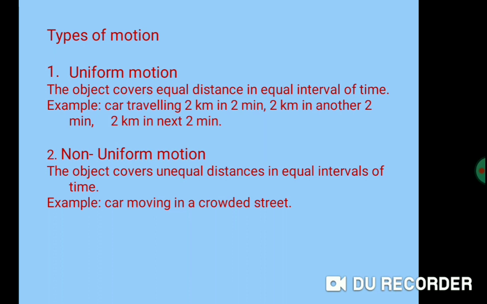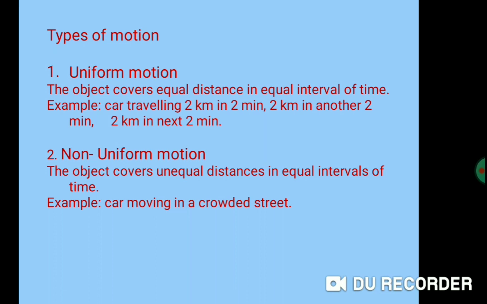What do you mean by uniform motion? How can we express uniform motion? If the object covers equal distance in equal intervals of time, then we can say that the motion of the object is uniform.